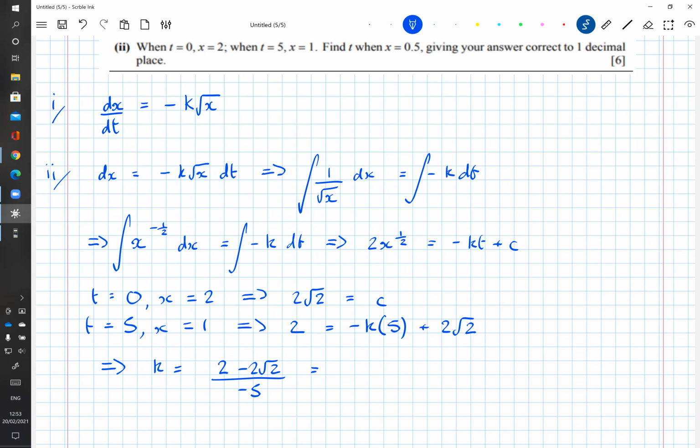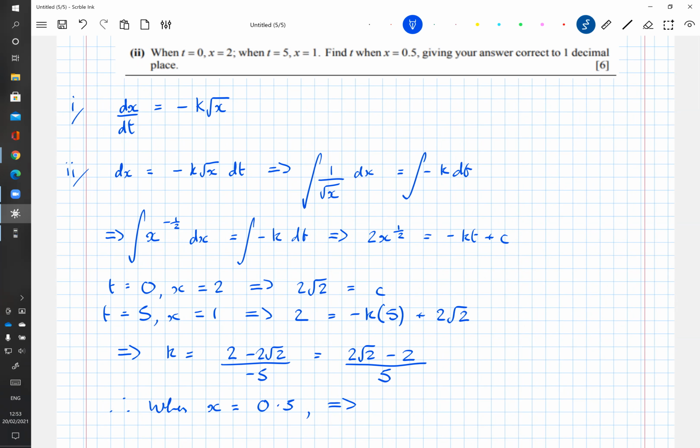Therefore, so it's not even asked us to solve the equation, just said find t when x is 0.5. Therefore, when x equals 0.5, this implies that 2 root of 0.5 equals, I'm going to leave it in terms of c and k, so I don't have to write out these monstrosities every time. Well, actually, 2 root 2 isn't so bad to write out, is it?